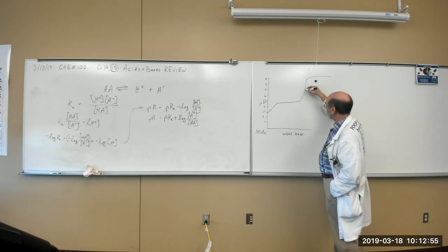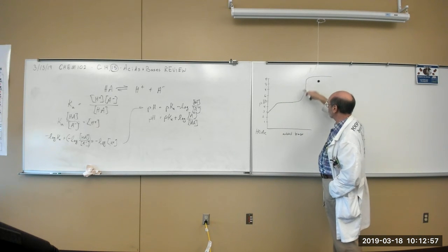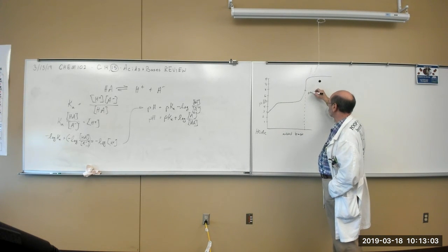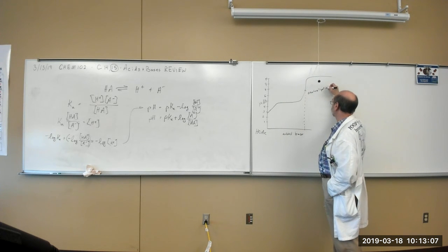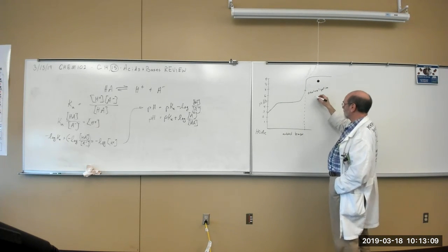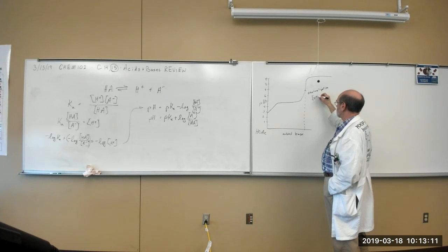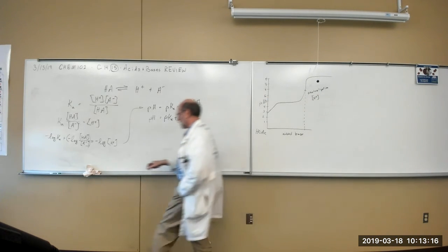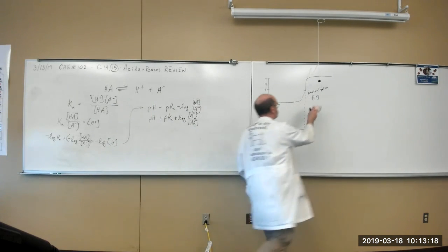This point right here, midway through that slope, is the neutralization point. That's neutralization. When there's just water, there's no really acid or base in there. This is where the moles of acid equal moles of base. Actually, concentration is not right.